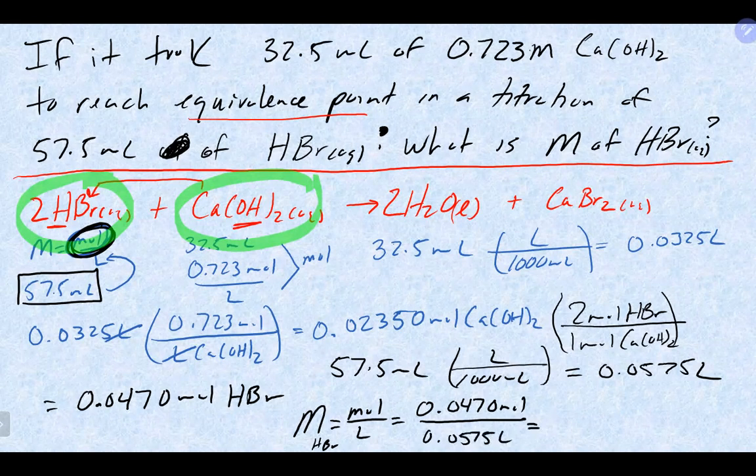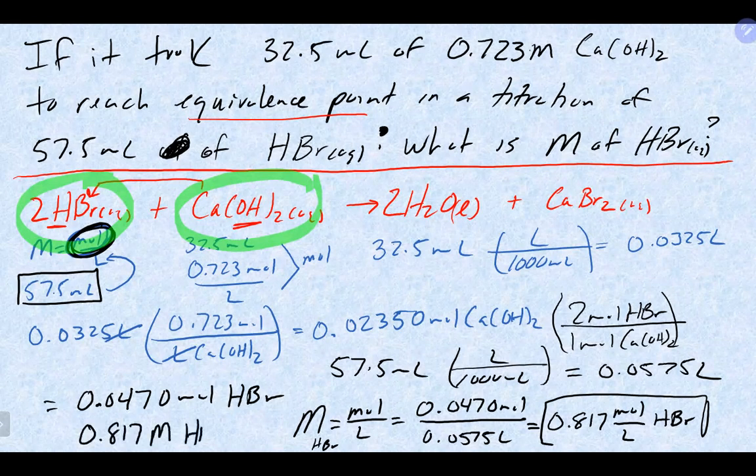And if we divide it there, we end up with, we'll call it 0.817. The units here would be moles per liter of HBr. Or you could write, if you like, 0.817 big M HBr. So you could obviously report it that way as well.